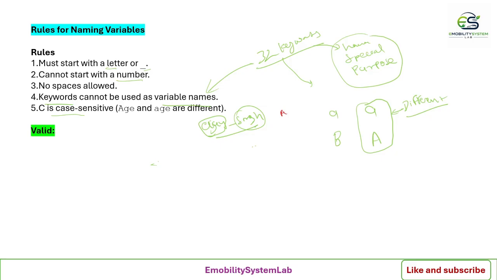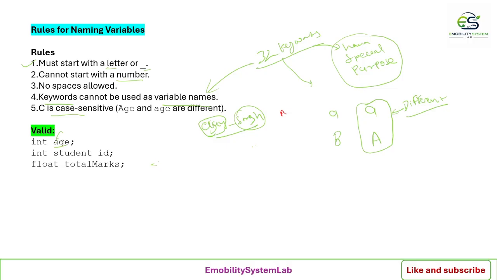Now we will see the valid variable names. Here we can see some variable names. Age is a variable name. You can understand that age starts with a letter and follows rule number 1, which says your variable name should start with a letter or underscore.